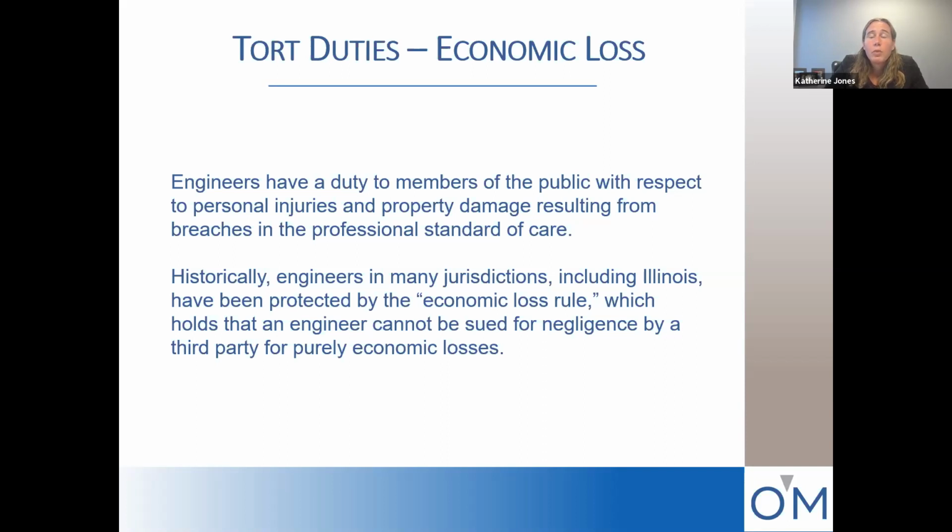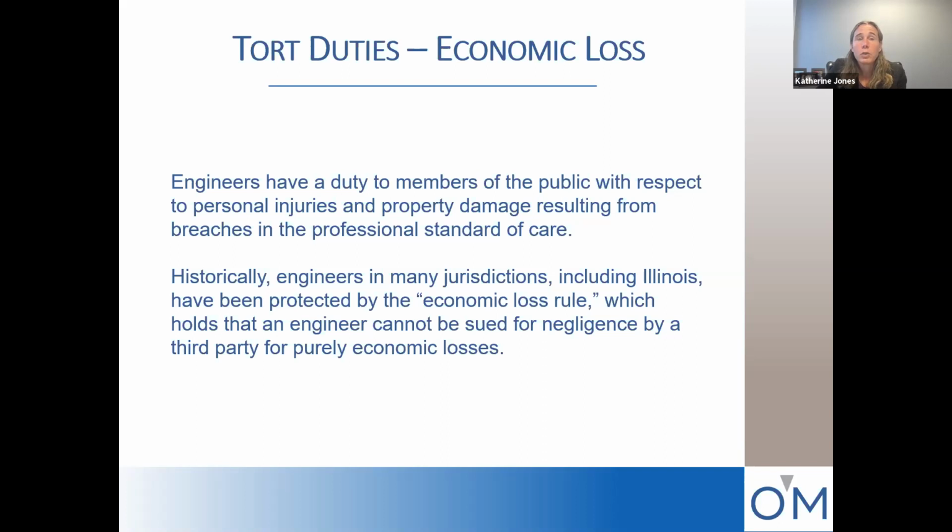And what does that mean essentially? So if you're working on a project and there's some defect in the construction, and the project owner needs to remediate, let's say you have water infiltration and they need to remediate some window jambs or roof or something of that nature, and the project owner sues you.